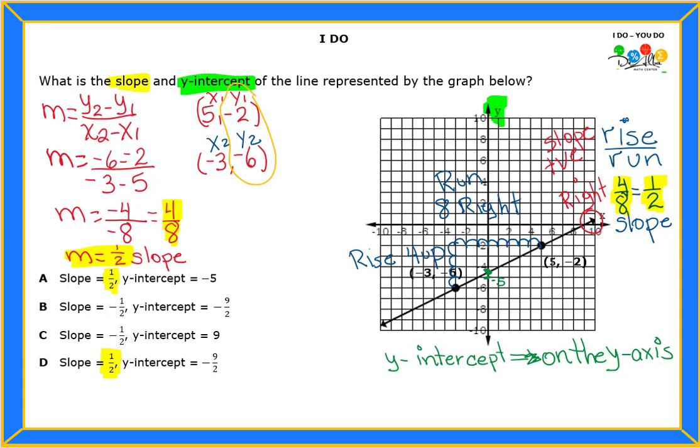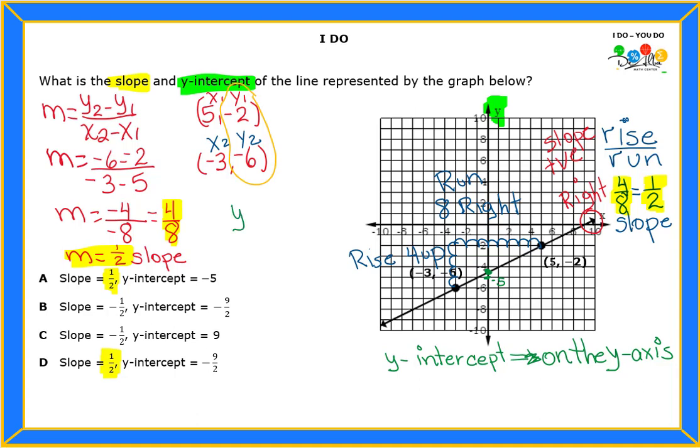It's between -4 and -5. So I can predict that it's going to be a decimal, but it could be anything. It could be -4.1, -4.2, -4.3, and so on. So for that case, I cannot just look at the graph and say that's my y-intercept. I am going to need to do the algebra point of view.